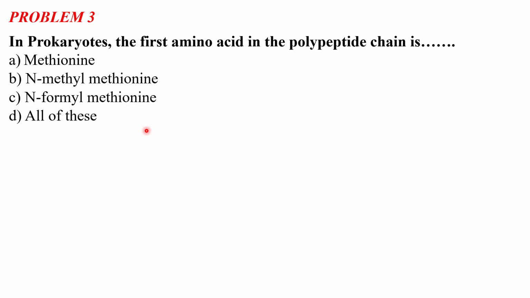In the case of prokaryotes, the first amino acid in the polypeptide chain is which one? Methionine, N-methyl methionine, N-formyl methionine, or all of these? I have already mentioned it in my last slide. Let me know.